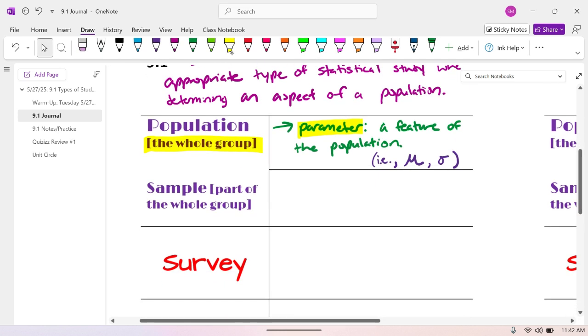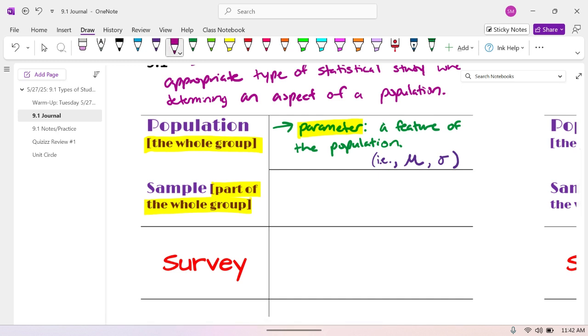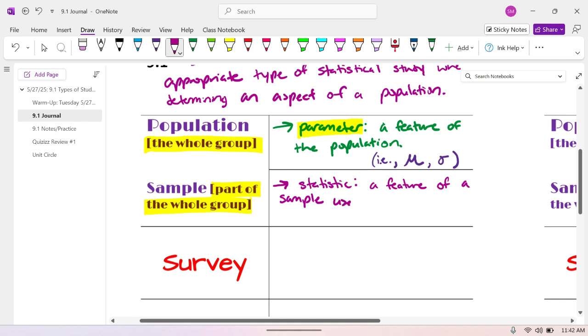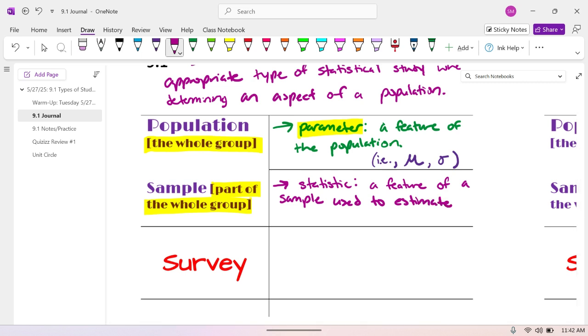Now, from parameters or the population, we can get a sample, which is a part of the whole group. Now, when we're talking a sample, that parameter becomes a statistic, meaning it's a feature of a sample used to estimate a parameter.